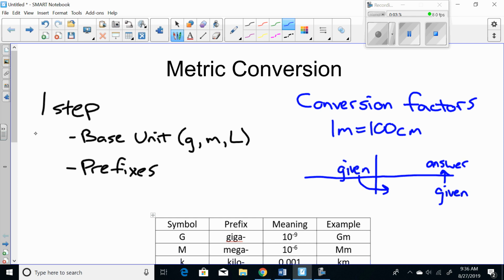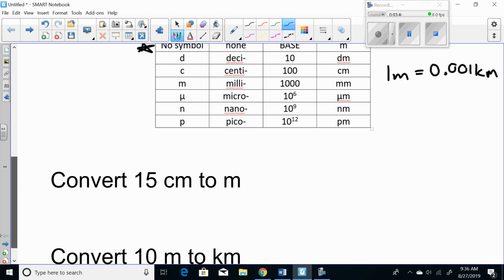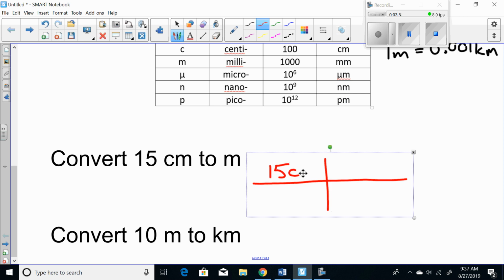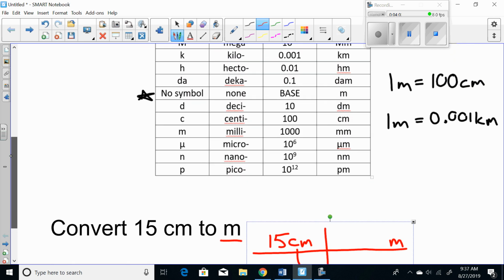Let's do a couple of these and we'll get a good idea of what we need. If we have to convert 15 centimeters to meters, we'll make our bracket. We were given 15 centimeters to start, and those centimeters are going to come down. We wanted to go to meters, that's what it gave us, so that's why that's on top.